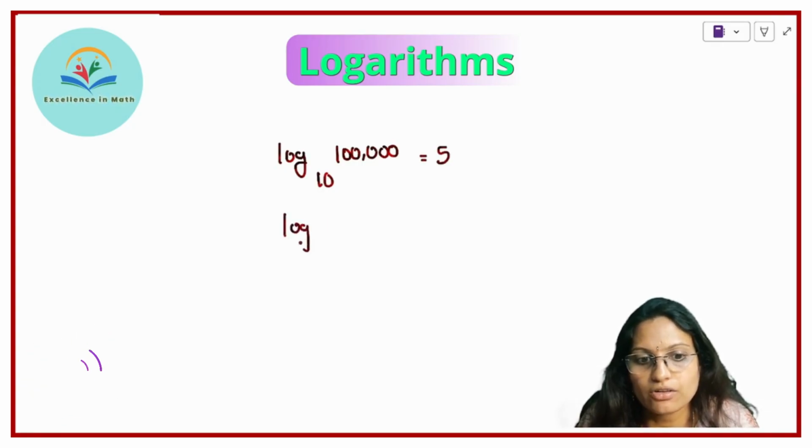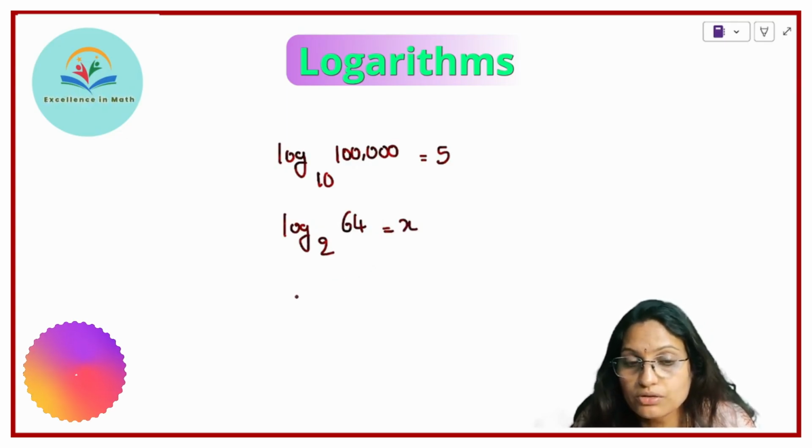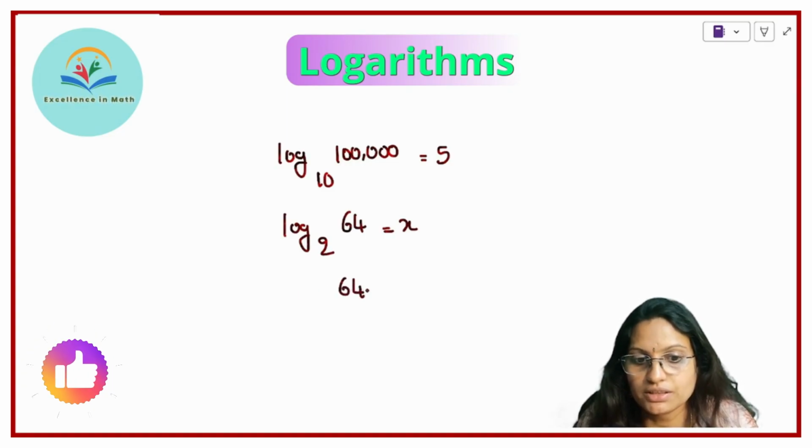Similarly, I am going to give a simple example. How to find out log 64 base 2. In order to find this value, let's consider it as x, right? If we know the logarithmic equation, we know how to write the exponential version of this, that is 64 is equal to 2 raised to the power x. So now we need to find out how many times we need to raise 2 in order to get 64.